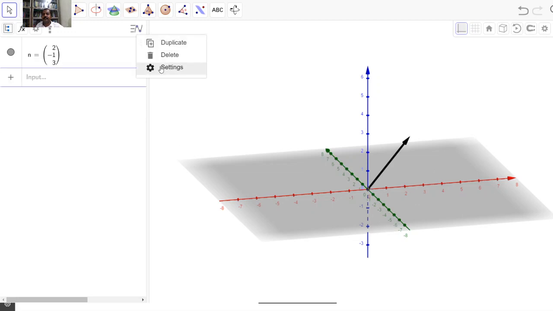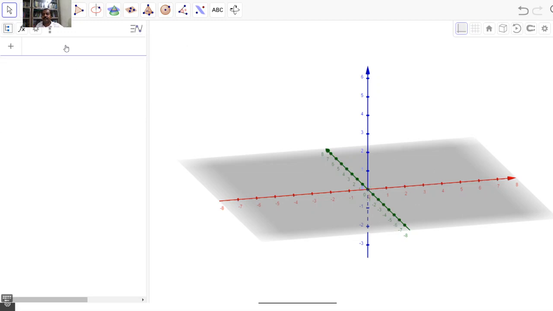And you can delete this. x is equal to 1, 2, 0 plus t times 2 minus 1, 3.